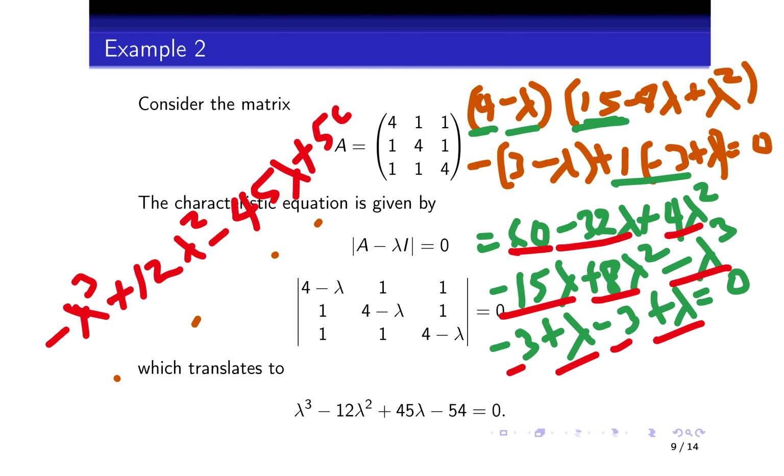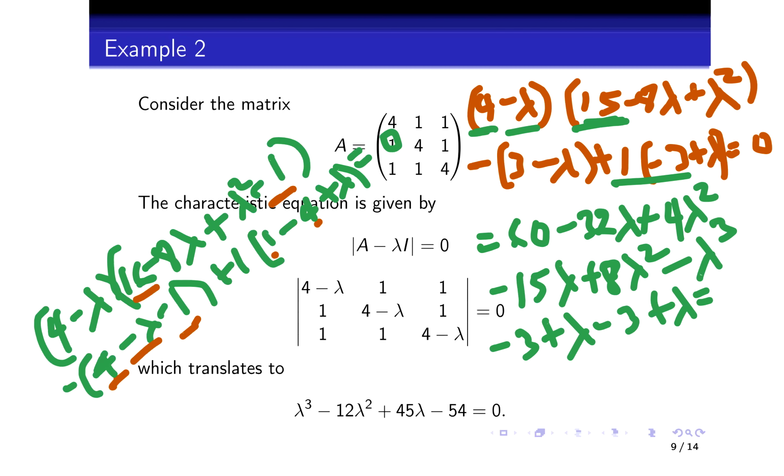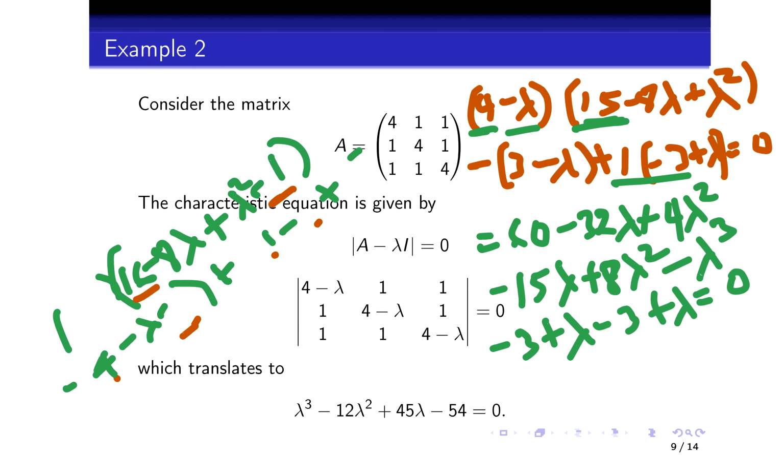So the next thing we need to do is to solve this. To solve this, of course, we need to use an array of methods, right? First of all, we have to check which value we go through and things like that. And I think I've done that in the previous example. So that helps.